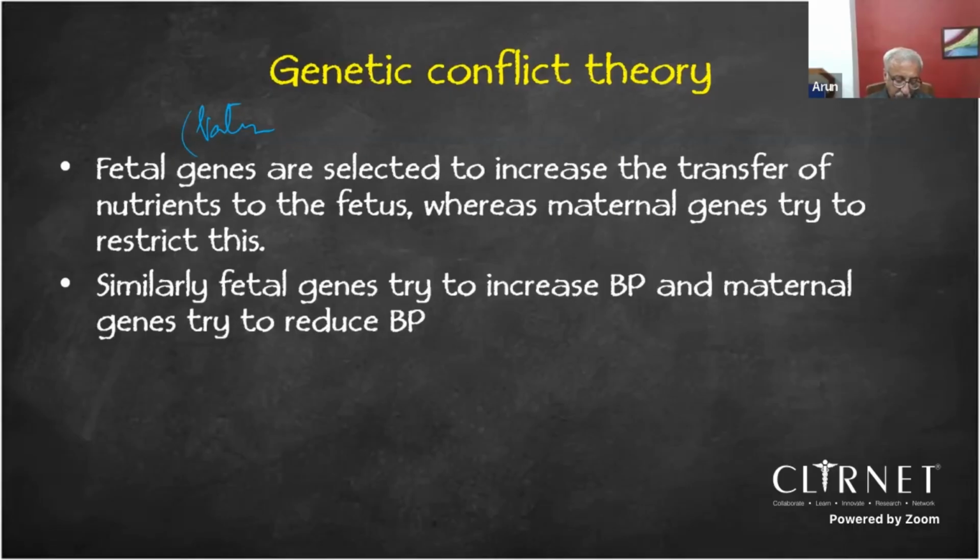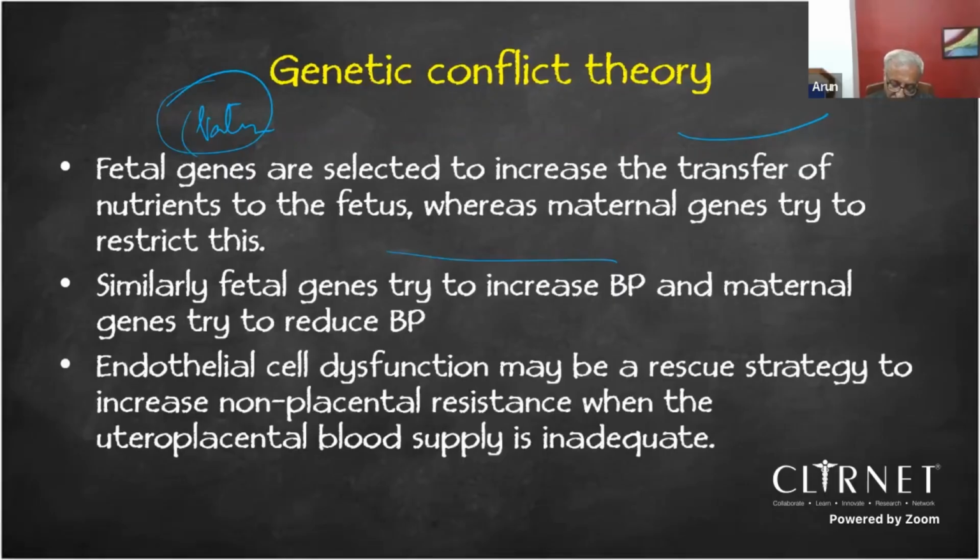Similarly, fetal genes try to increase blood pressure. So one thing is fetal or paternal genes try to increase transfer. Secondly, they try to increase blood pressure, and maternal genes try to reduce blood pressure. So this is a conflict occurring between the paternal and the maternal genes. Endothelial dysfunction may be a rescue strategy.